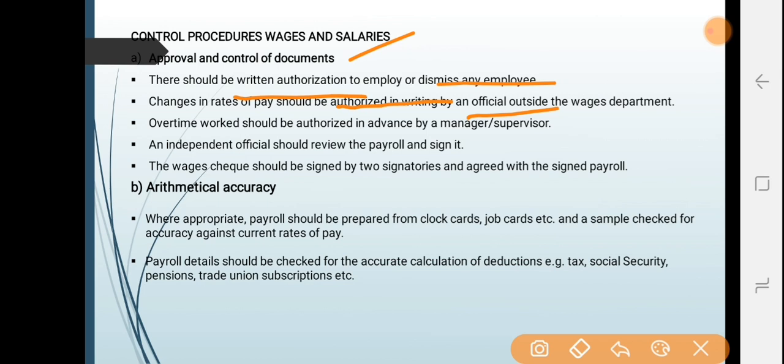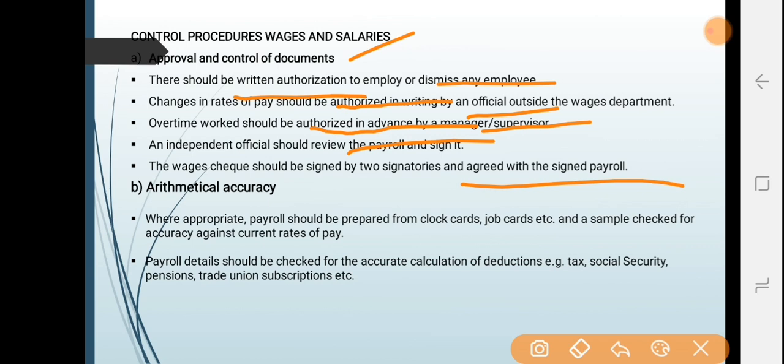That means while changing any pay scale of the employees, that has to be written and signed by the officials outside the wage department. Okay, overtime worked should be authorized in advance by the managers. Okay, and an independent official should review a payroll and sign it. Then the wages checks should be signed by two signatories and agreed with the signed payrolls. Okay, this is all with respect to approval and control of documents.